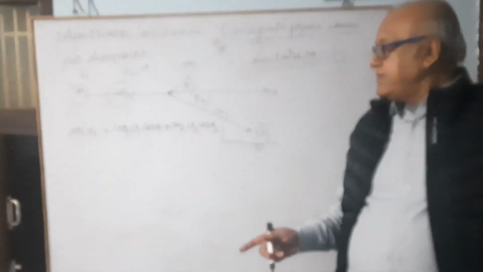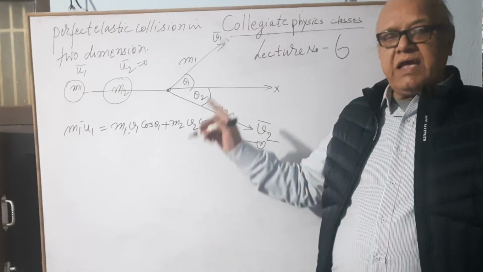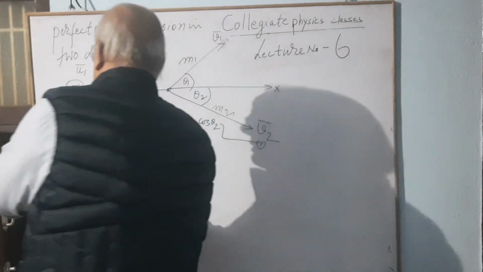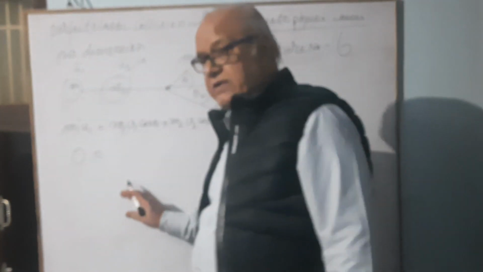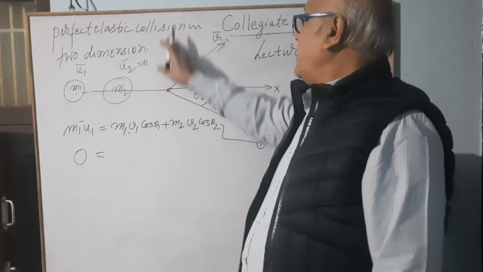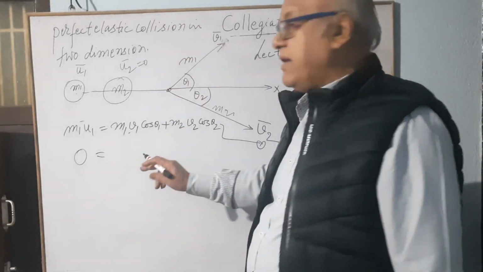Again, we apply the law of conservation of momentum of this system along y-axis. That is, before collision, the momentum of the system along y-axis will be 0. And after collision, the momentum of m1 along y-axis will be m1 v1 sin θ1.